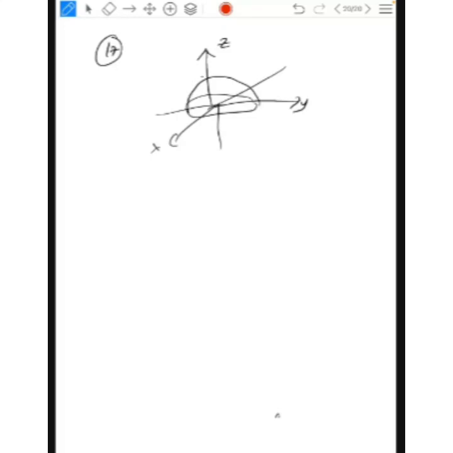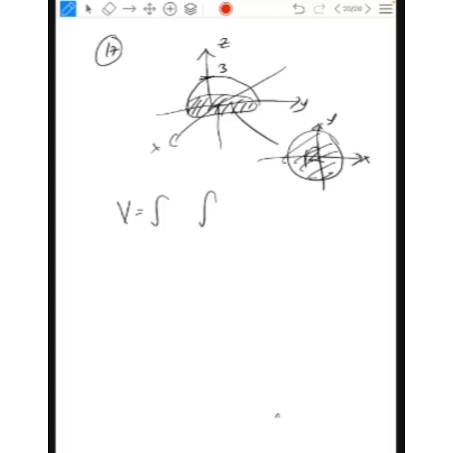Okay, hemisphere jari 3 lah dekat square root 9 kan. Okay, and then the hemisphere is on z positive only, but then the region is still this circle. Okay, region R masih juga circle yang sama. So volume will be your volume. So to find volume, z equals f(x,y).